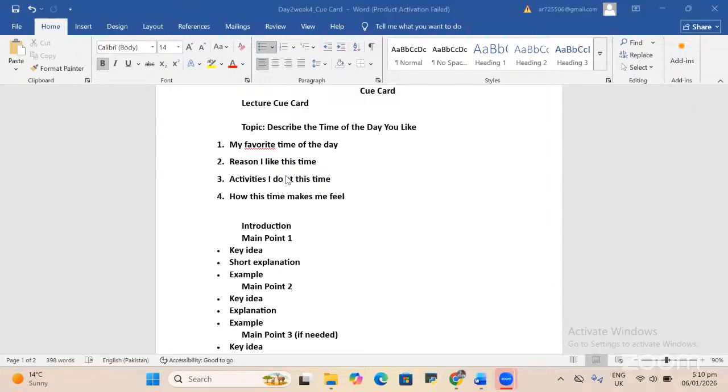The second thing is that when you discuss the cue card, you should paraphrase your question and link that paraphrasing sentence with your point one. Like, describe the time of the day you like: my favorite time of the day is the early morning.